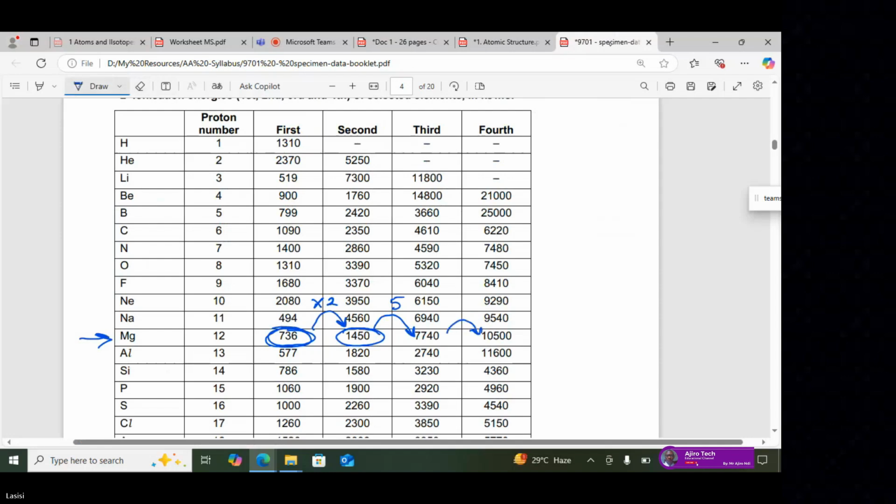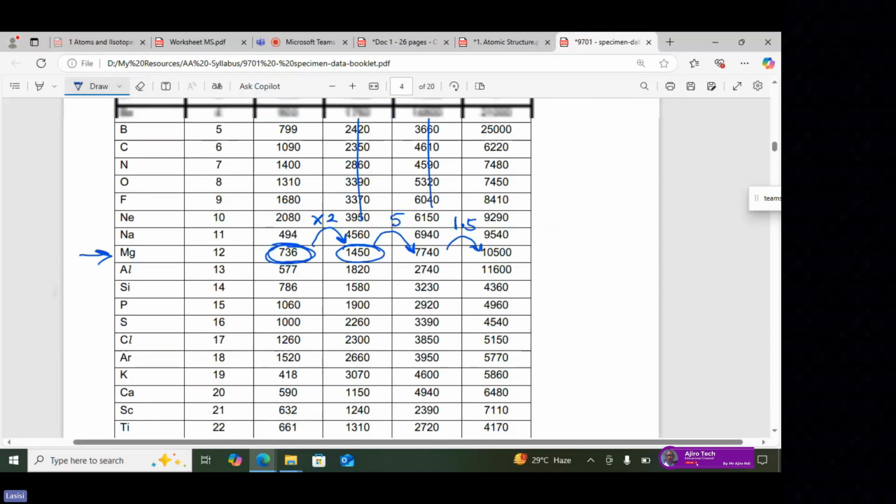Am I right? So when you have a big jump in the values between the second and the third value, what does this mean? The third electron is taken from a different shell, from an inner shell.